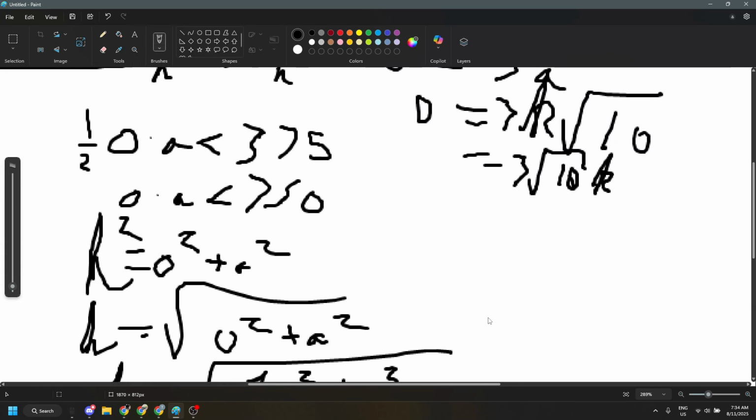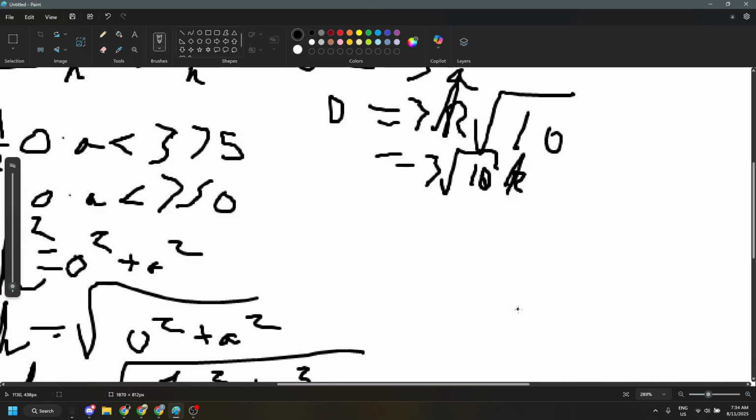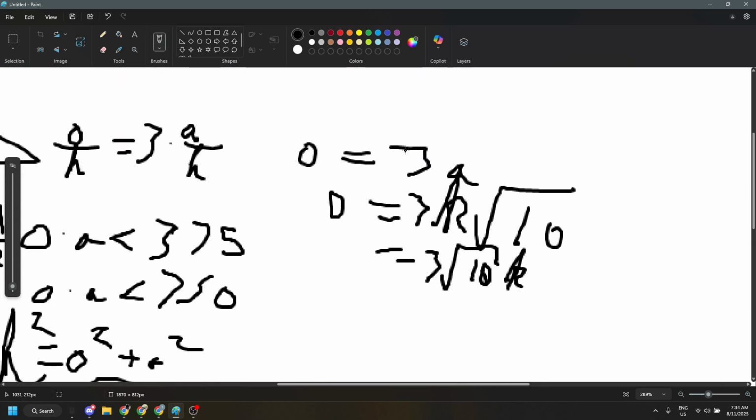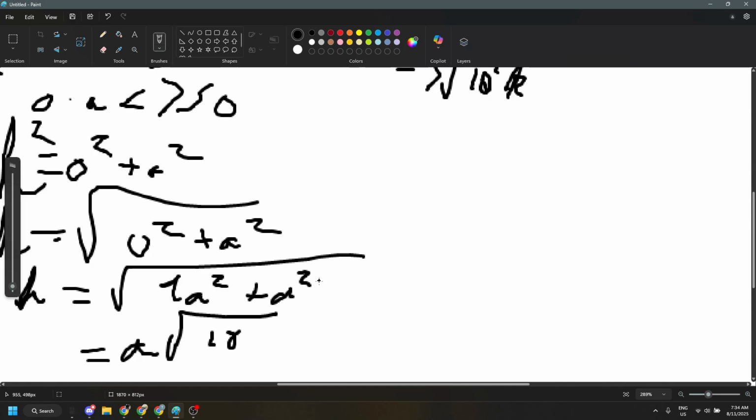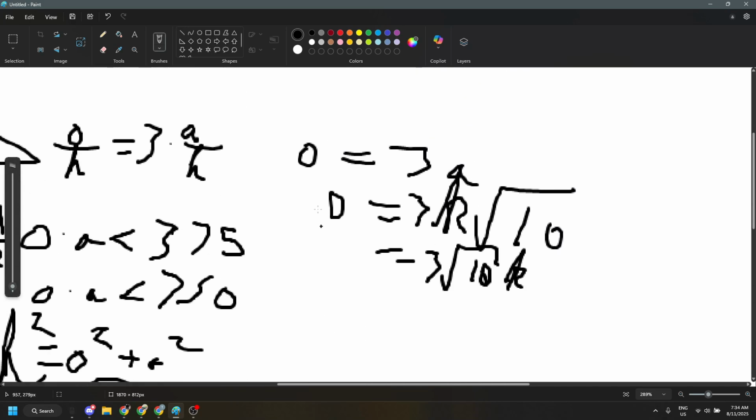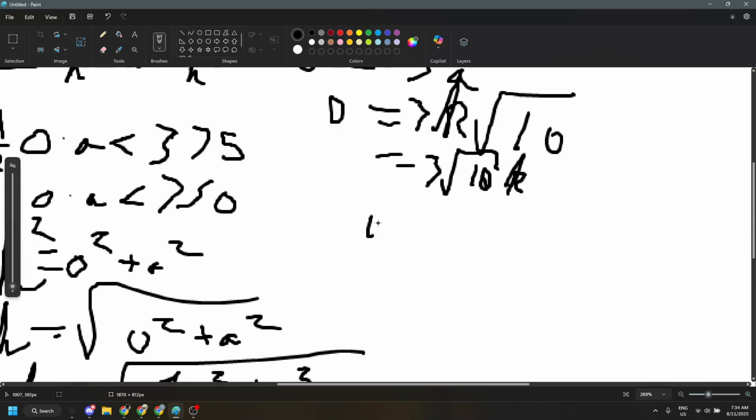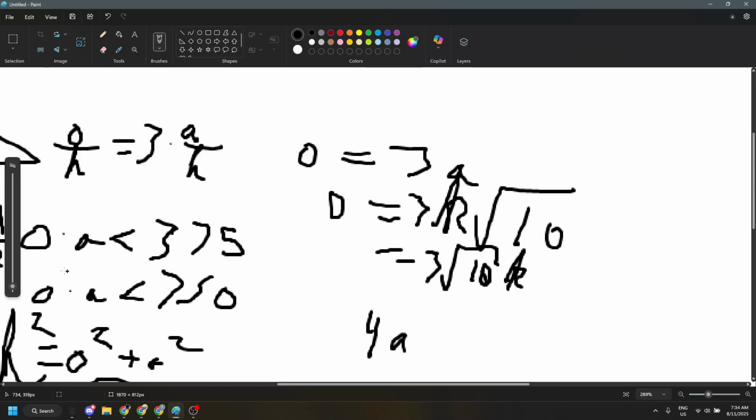So O times A is less than 750. Let's just make them equal to the highest thing we can. We can plug this in here, so we have 4A, because it's 3A plus 1A.